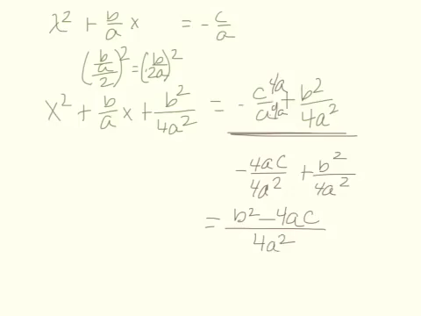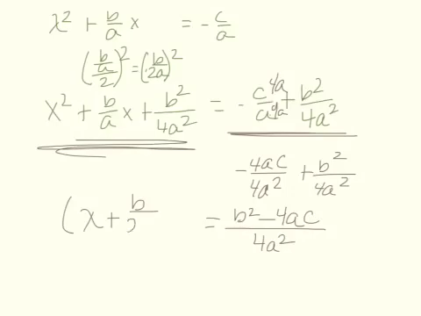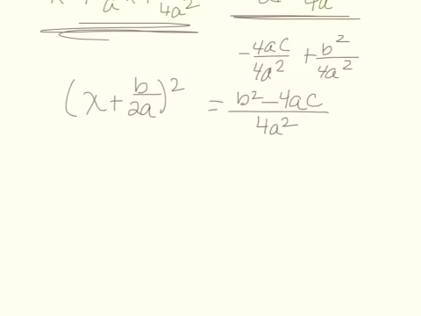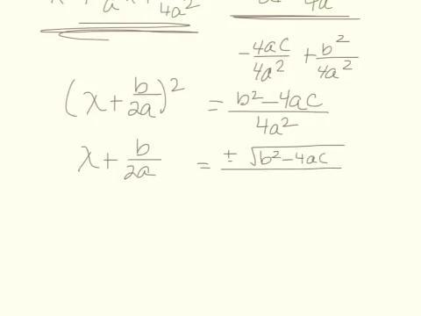On the left-hand side over here, I've already completed the square. It would be x plus b divided by 2a, squared. What you're going to do with this, though, is you're going to square root. x plus b over 2a equals plus or minus the square root of b squared minus 4ac all divided by 2a.